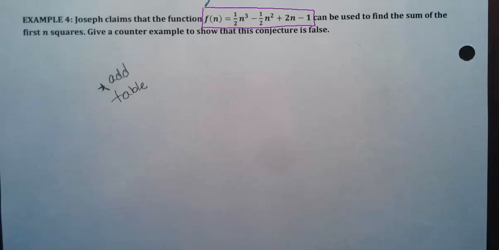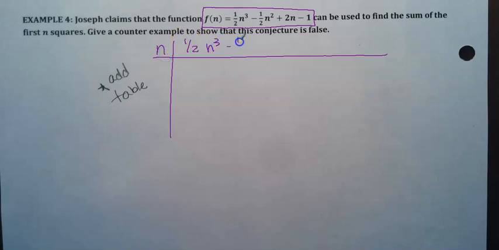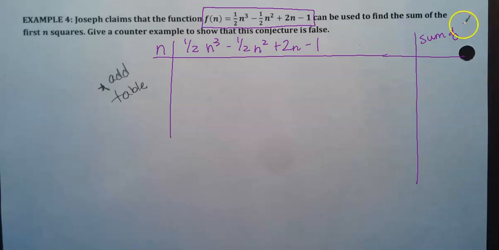What we're going to do is add this table in there that's going to have our n in it, and it's going to give us some workspace for this equation: 1/2 of n cubed minus 1/2 of n squared plus 2n minus 1. And we're going to see if that equals the sum of the first n squares.